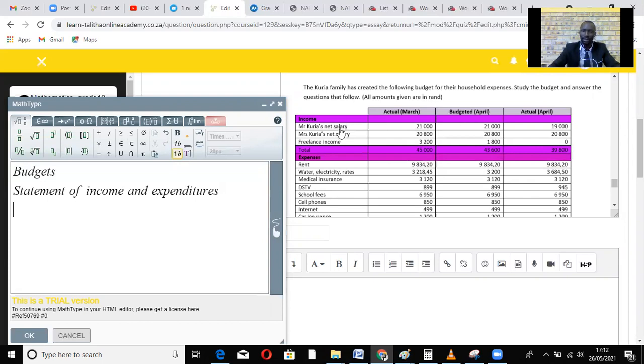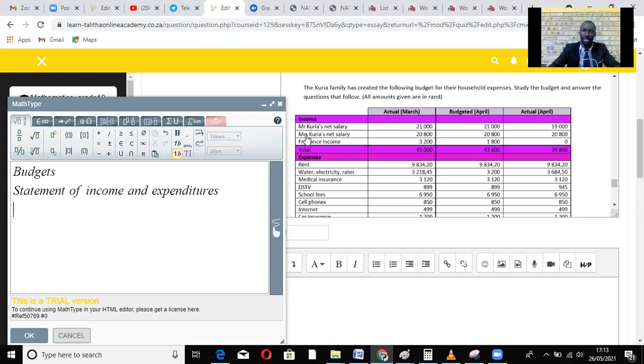Here we have Mr. Courier's net salary in March. The budgeted amount was 21,000 rand, but what was actually paid was 19,000. This is Mr. Courier's salary, the husband.